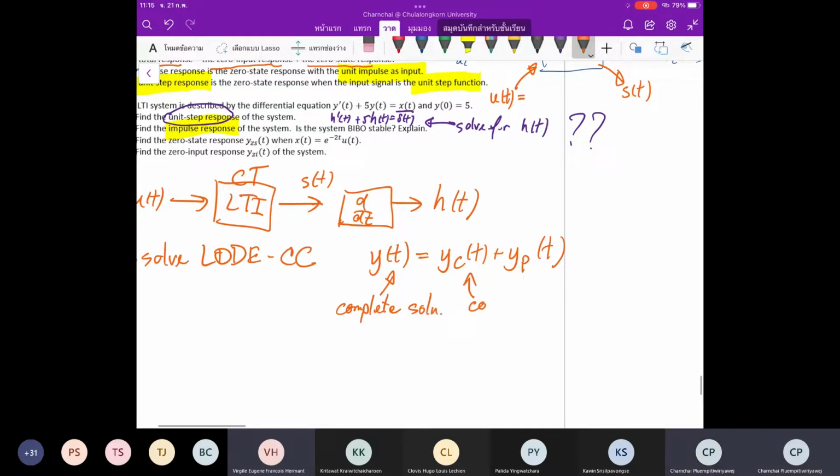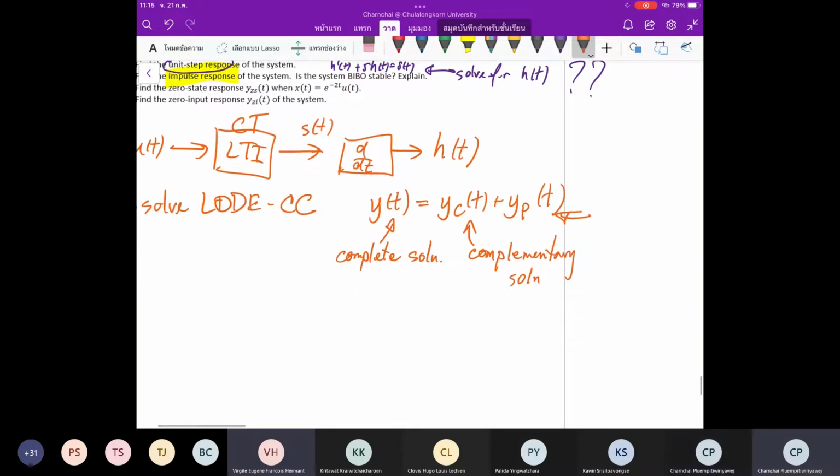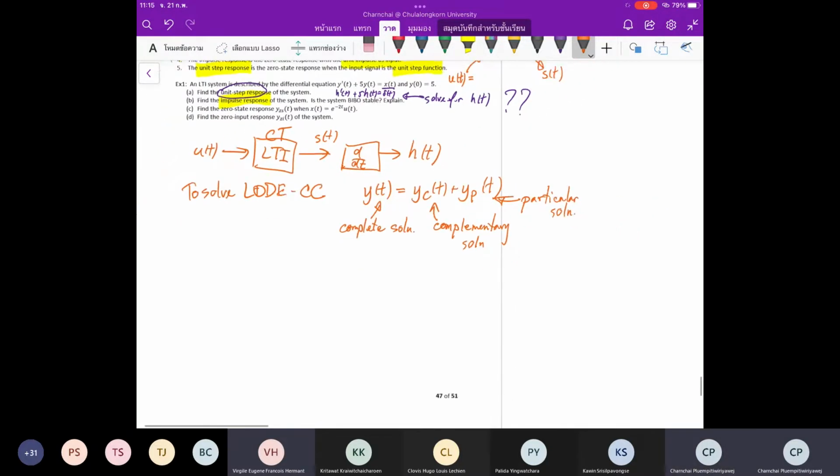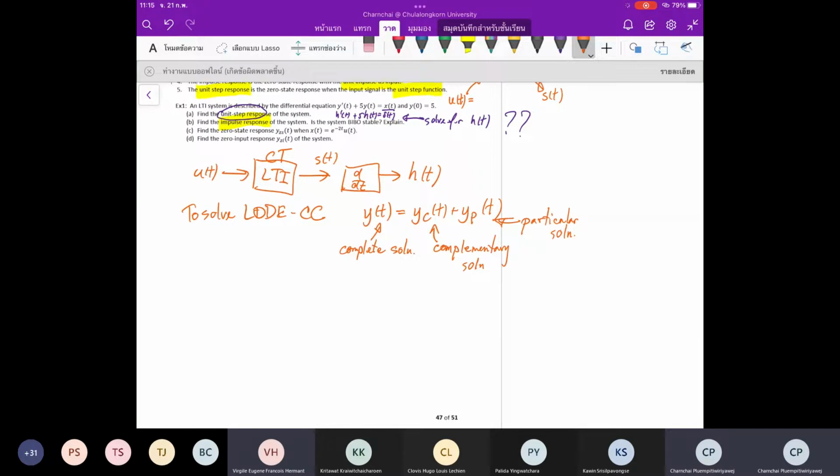y_c is the complementary solution, and y_p is the particular solution. Remember that.